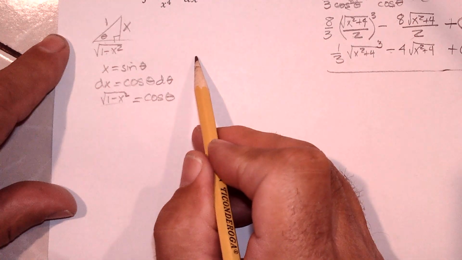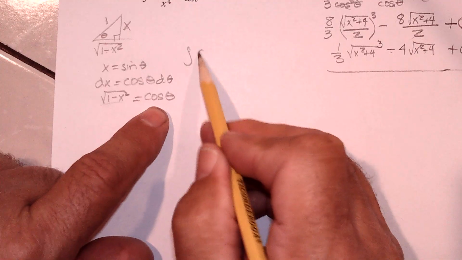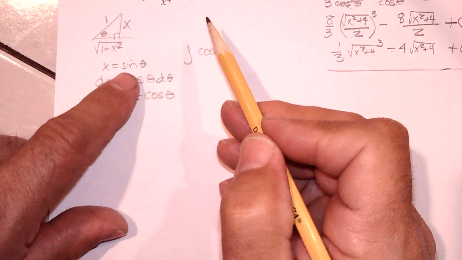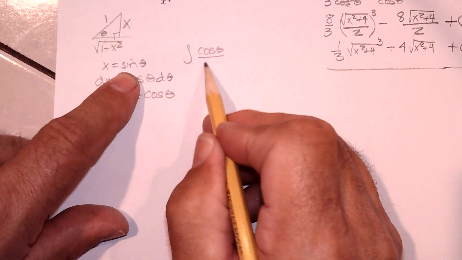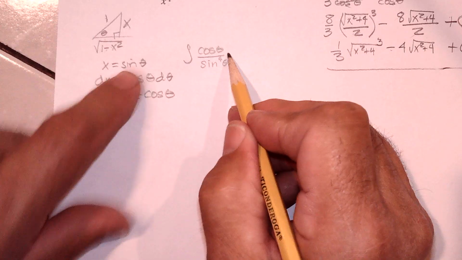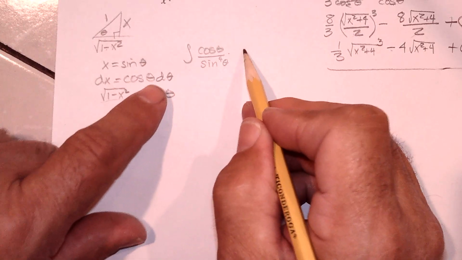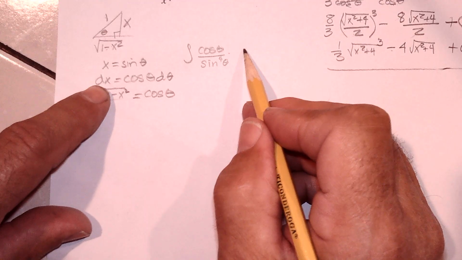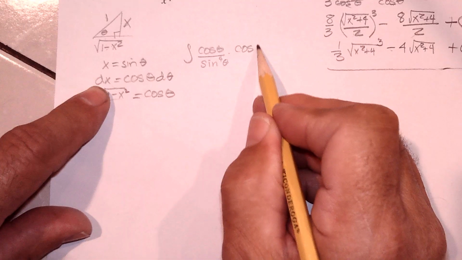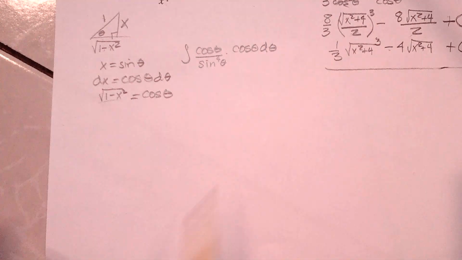So this becomes the mess, just cosine theta, x to the 4th, and dx is cosine theta d theta.